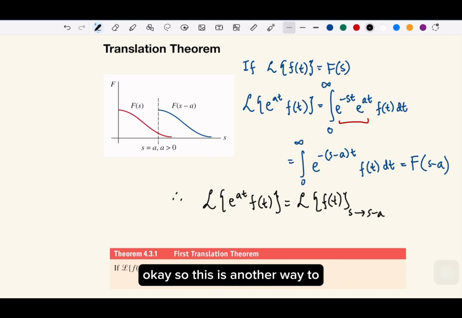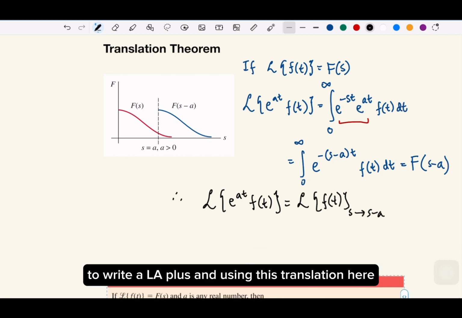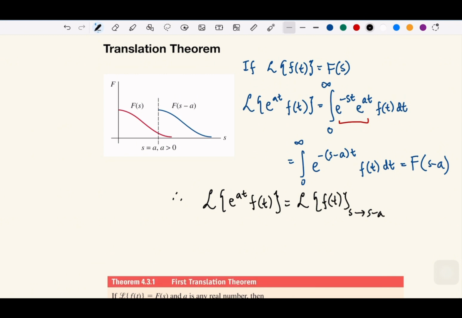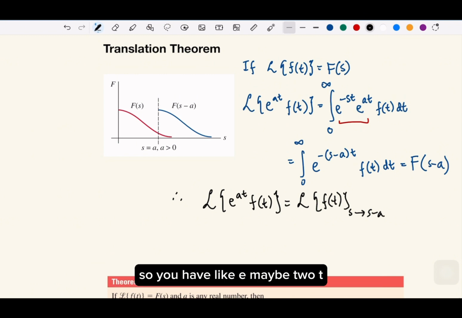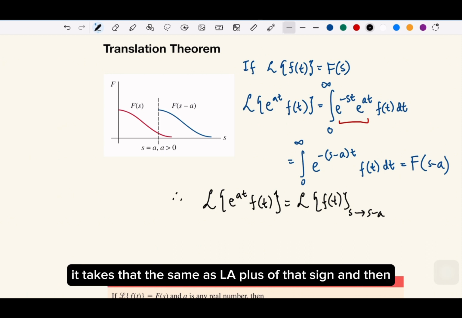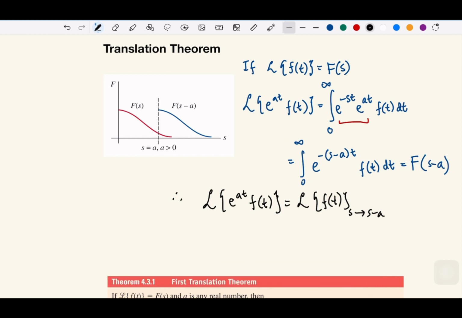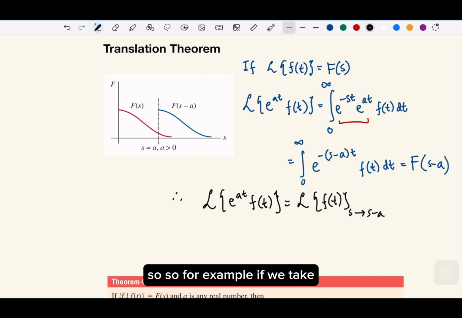So this is another way to write the Laplace transform using this translation theorem. Whenever you have e to the 2t, for example, and f is sine, it means the same as the Laplace of that sine, and then the s is translated or shifted to become s minus a.